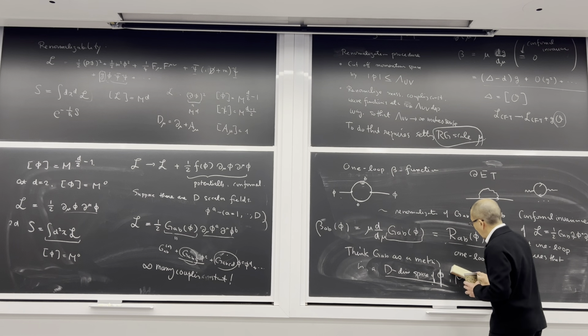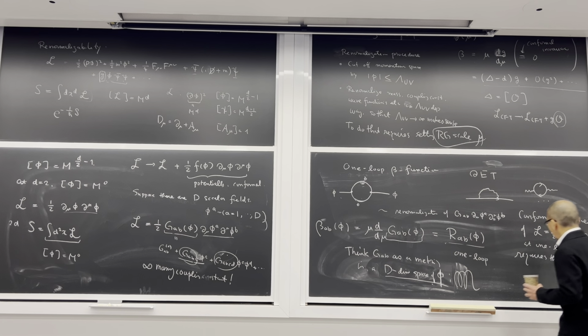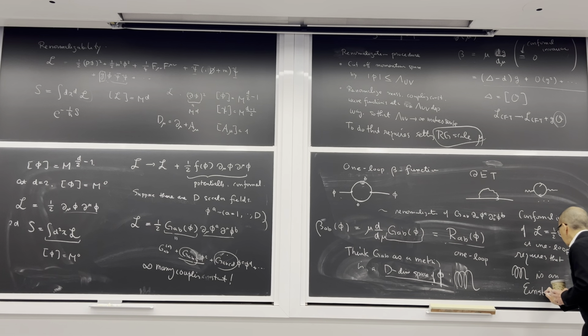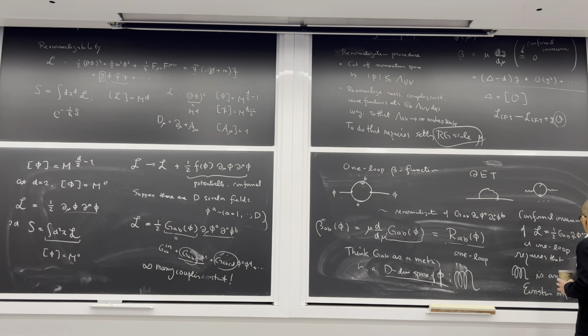I used M for the mass. So maybe curly M, requires that M is an Einstein manifold. Right? Because the Ricci tensor must vanish. So conformal invariance requires that R_AB is equal to 0. So this is actually the vacuum Einstein equation. So conformal invariance requires that the vacuum Einstein equation is satisfied.